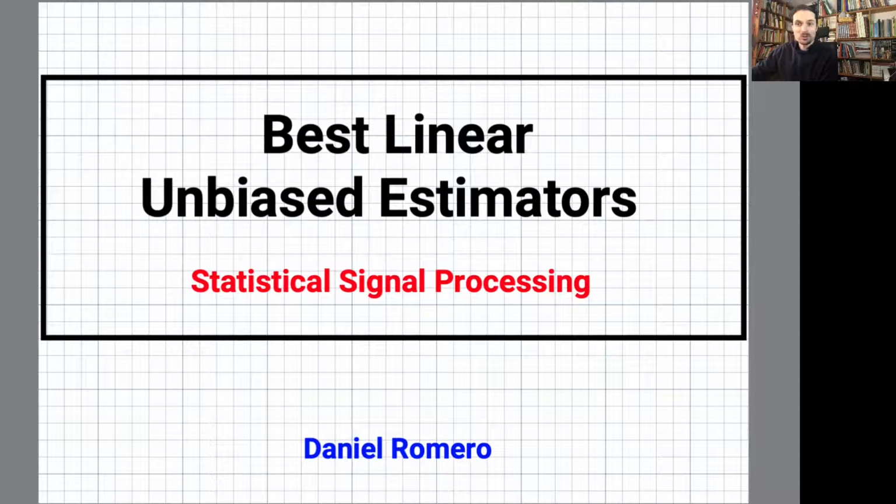Good day, everyone. Today we are going to address some of the open questions that remain from the previous lectures. Specifically, what can we do if we are unable to find an MVU estimator, or if the MVU estimator doesn't exist?